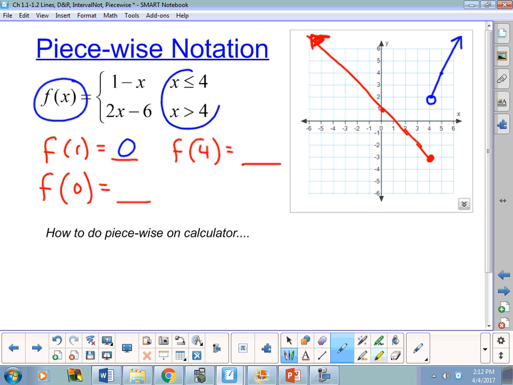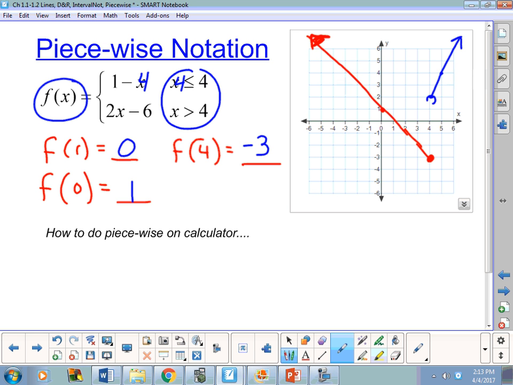These tell you which equation to use. 4 is equal to 4, so I'm going to use this equation, 1 minus 4, negative 3. And if I went over to 4 on my graph and looked down, my value would be negative 3. So that is showing the same information on the graph. If f is 0, I would have x equal to 1, so I would still use that same top graph.